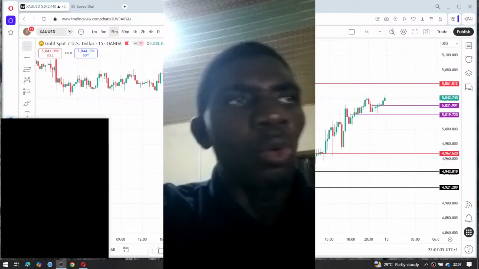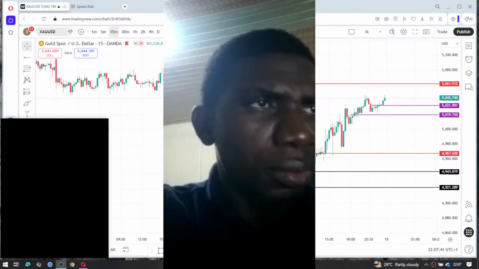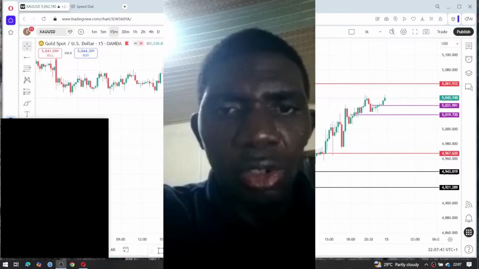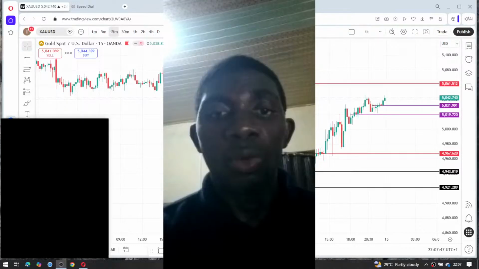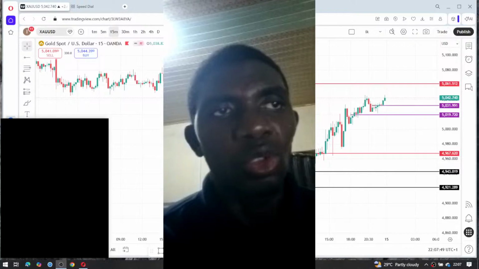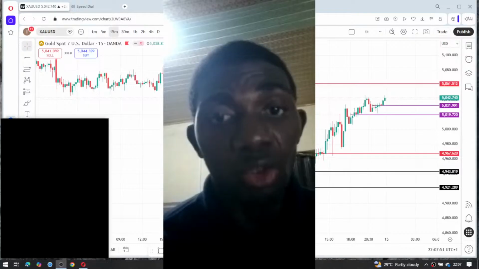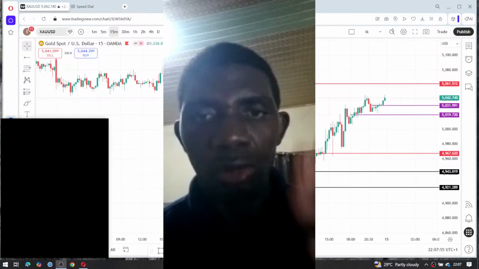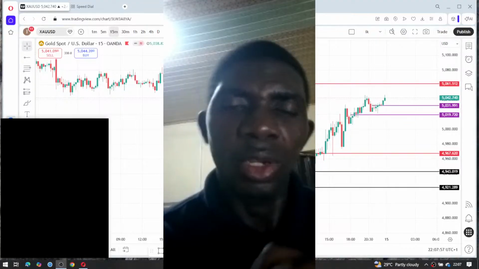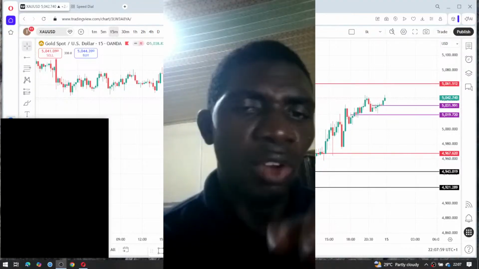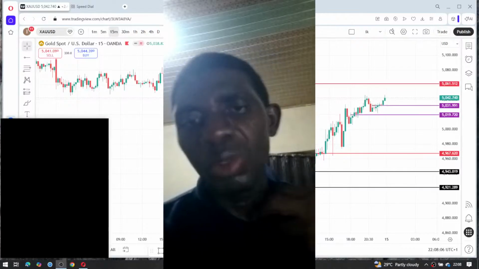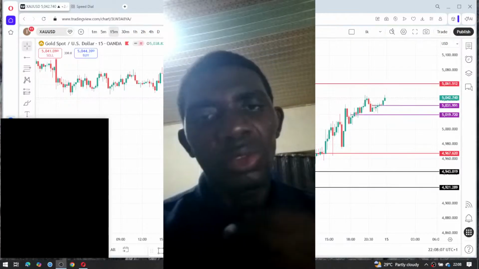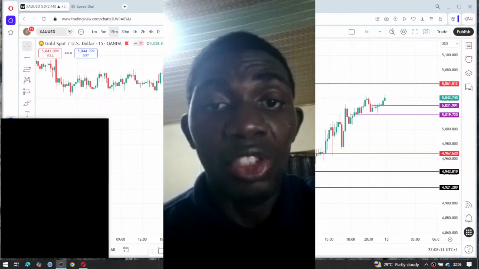So we'll be discussing valid key zones. We have the key zones, but we'll be talking about which one we should be looking at, and that's going to be valid key zones. How would you know valid key zones? That will be the area on the chart, after you have done your analysis, that the market is forced to respect. You know, I have an issue with people always trading as if the market is the almighty.